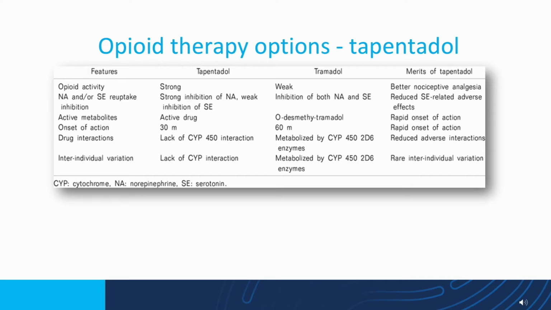Tapentadol is an active medication, and the onset is about 30 minutes compared to a prodrug with an onset of about 60 minutes for tramadol. And tapentadol doesn't interact with the CYP450 system, so it's a little cleaner in terms of drug interactions and variability. So tapentadol, if you compare it to tramadol, is probably a safer, more effective medication.